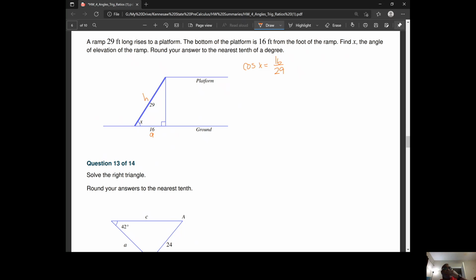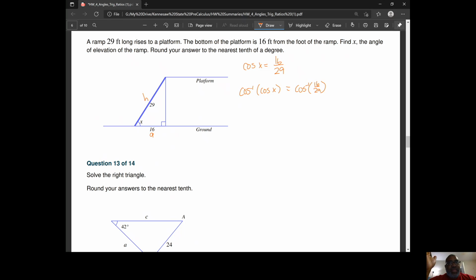So we're trying to find the angle measure, and in that instance, we use our inverse trigonometric functions. I'm going to say it in an algebra kind of way, but it's really not algebra. I'm going to take the arc cosine of both sides. Arc cosine and cosine inverse are the same thing. I like saying arc cosine, arc sine, arc tangent because it completely differentiates it from the previous function.